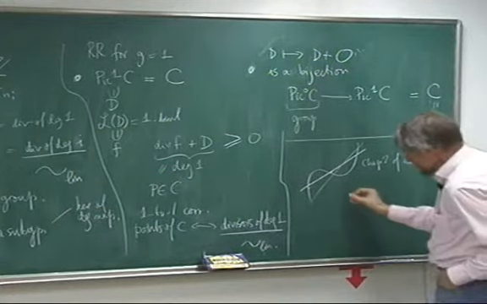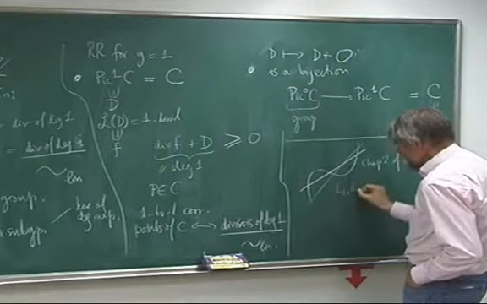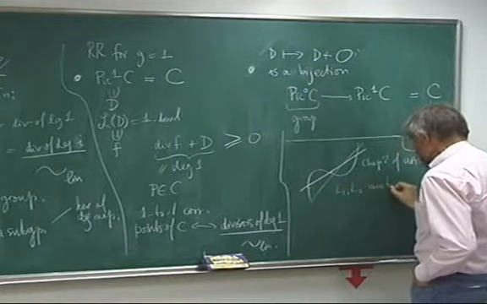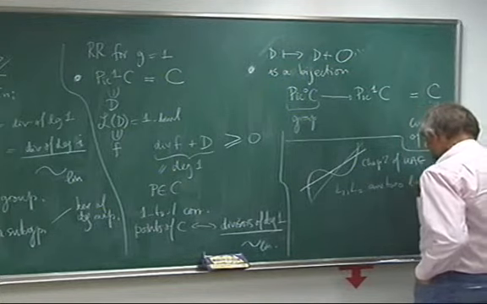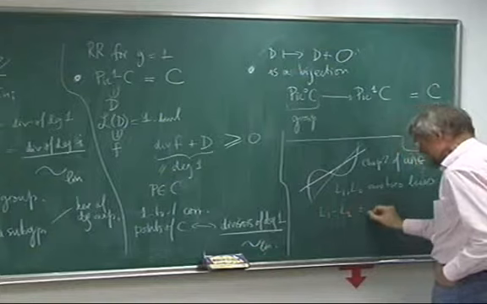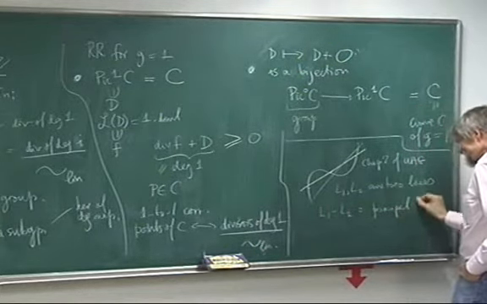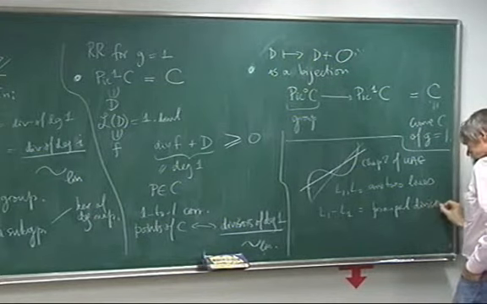What's going on is that if L1 and L2 are two lines, then L1 minus L2 is a principal divisor on P2.